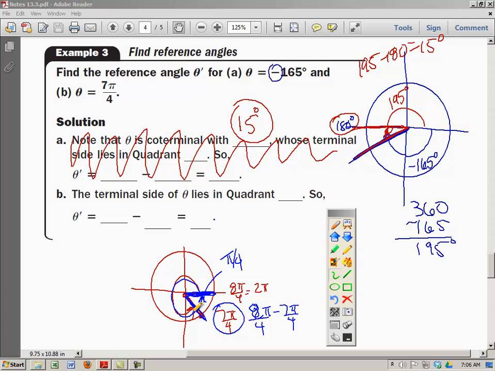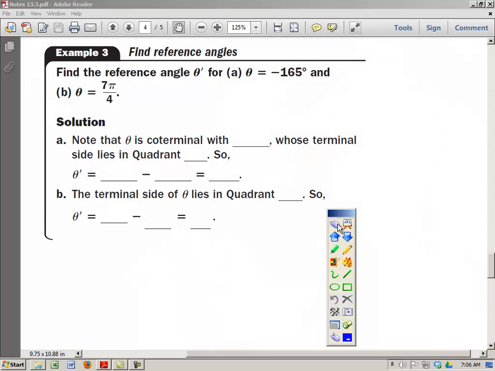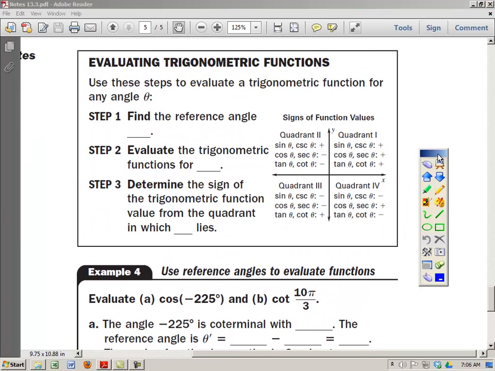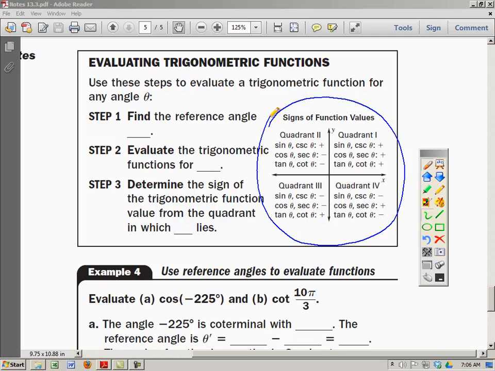Now, the last page of this, I think, is kind of important, and we'll spend some more time filling in this chart because, quite frankly, this is a little confusing. We'll define this a little bit better when we talk in class, because we can take a look at the various quadrants and look at the signs of those function values in those various quadrants.